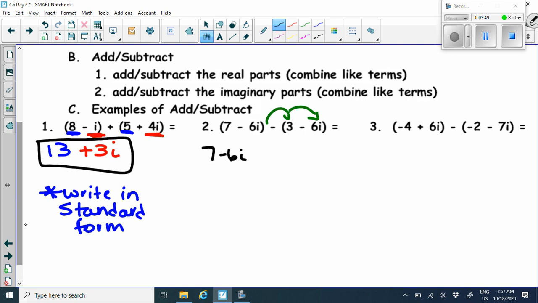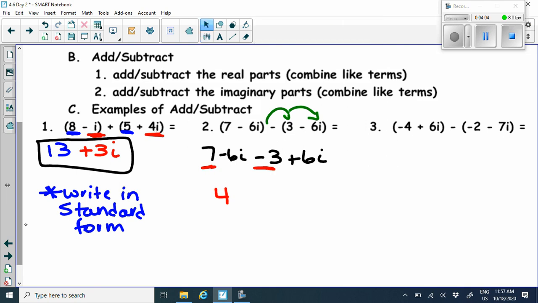But when I distribute the negative to the 3, I have now minus 3. And when I distribute the negative to the -6i, that is now plus 6i. I now combine my like terms. So I have 7 and -3. That gives me 4. And notice with the -6i plus 6i, they cancel out. So my final answer is just 4.